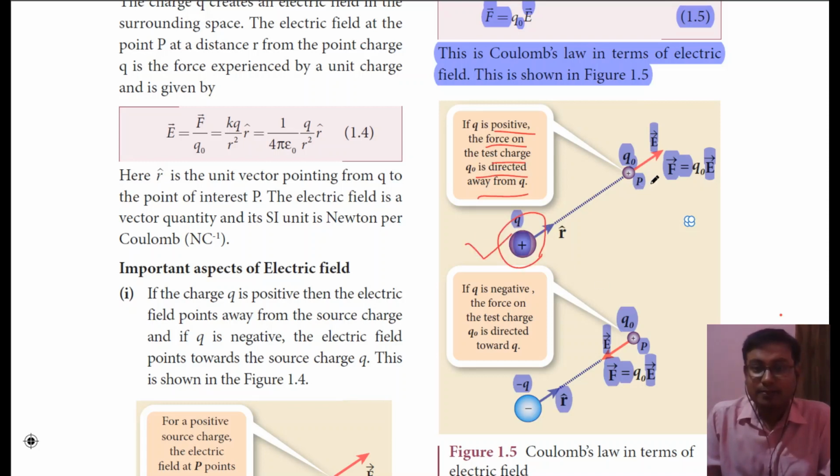Here at point P, this is your test charge. Test charge is our charge of consideration. Because these are positive charges, Q naught will be repelled outward because of Q. In that situation, the direction of electric field will be this one, in the radially outward direction.